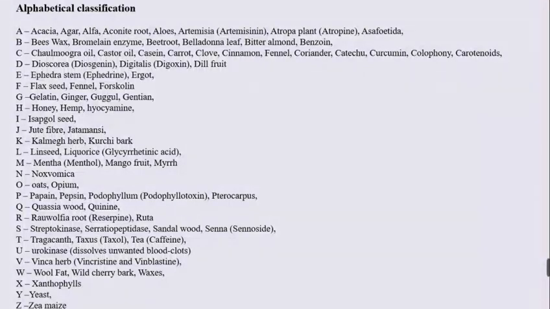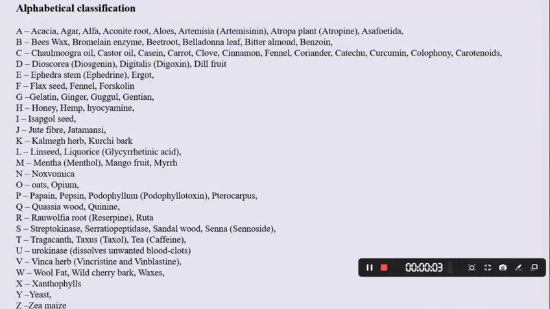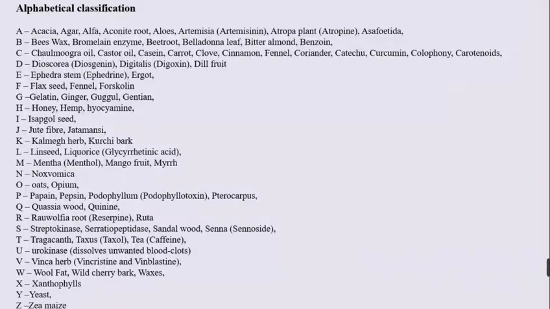Next, we are going to see the alphabetical classification, where from A to Z we have different drugs. For example, for the letter A: acacia, agar, aconite root, aloes, artemisia and different drugs. From B, we have beeswax, bromelain enzyme, beetroot, belladonna leaf, bitter almond and benzoin. From C, we have chaulmoogra oil, which we have seen as an anti-leprotic drug.